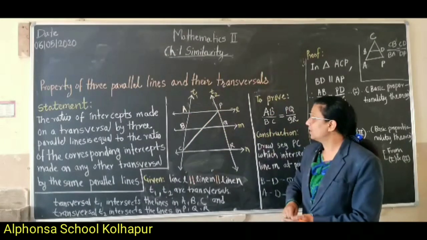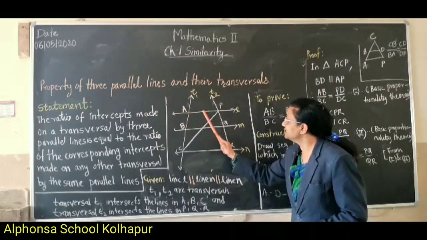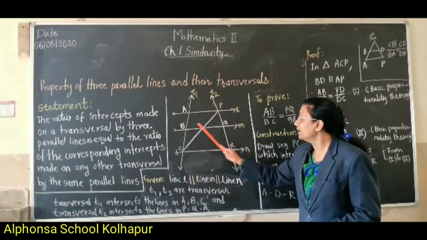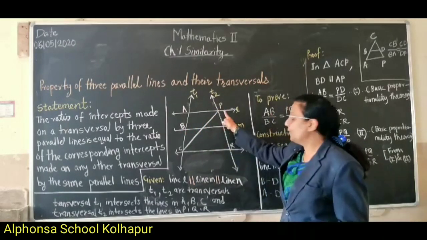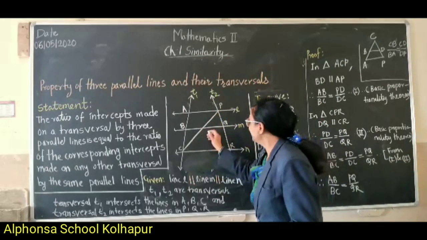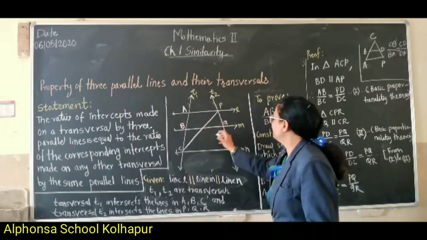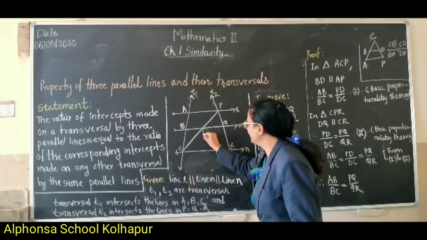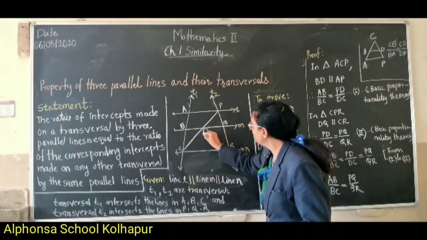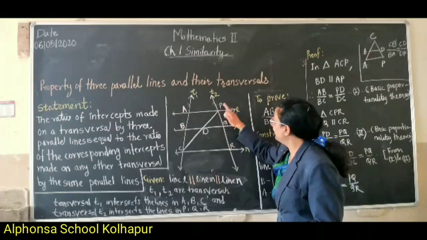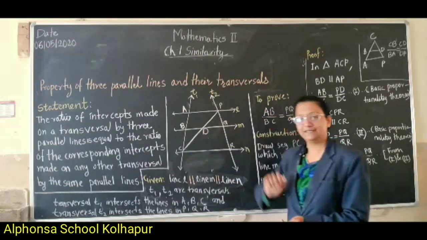Suppose this segment PC intersects BQ at point D. That means B-D-Q as well as P-D-C.